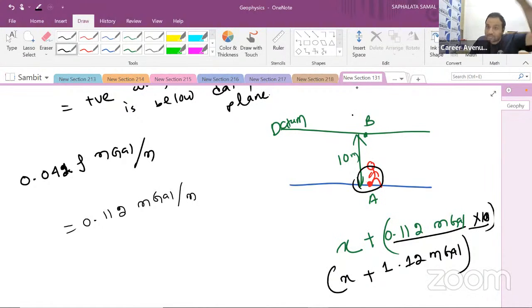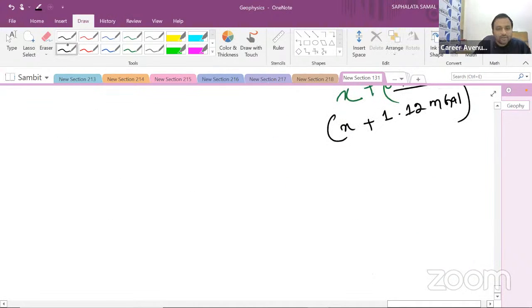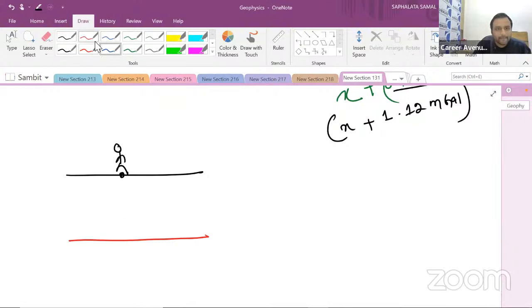Had it been above the mean sea level, for example, my station is above, and I am measuring the gravity value over here. This is the datum plane. Here I have to subtract the value. Suppose my measured value is x.